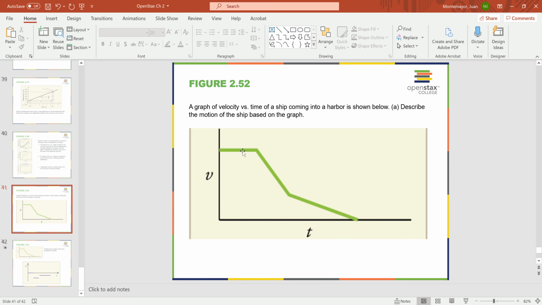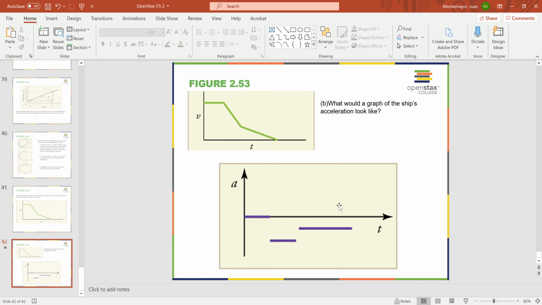So we had a constant velocity here, decelerated here, so our acceleration was in the negative direction, and then the same thing here, but this was over a different period of time and at a different deceleration. But if we put that in graph form, this is what it would look like. For this segment here, we weren't accelerating, we weren't decelerating, nothing was going on.